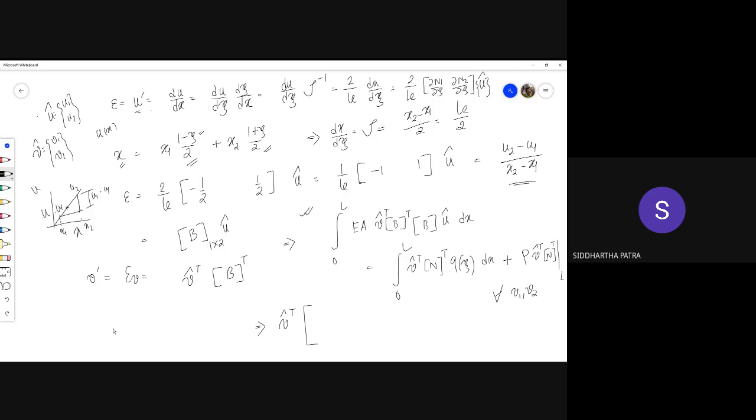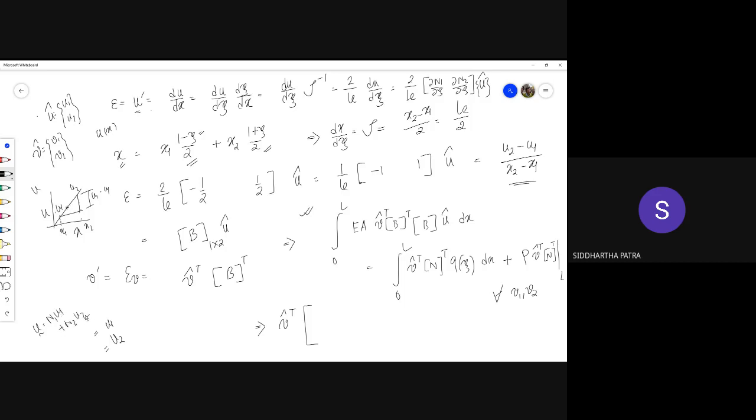Currently, our goal is to find out the displacements u1 and u2. Just two numbers, two coefficients, not functions. Because we have already made up our mind on the functional form. And this is the functional form. U equals n1 u1 plus n2 u2.